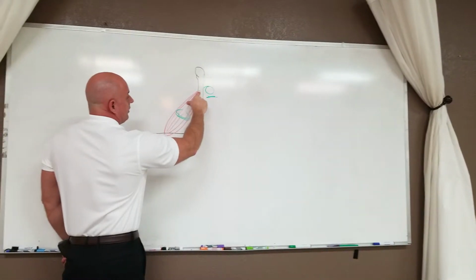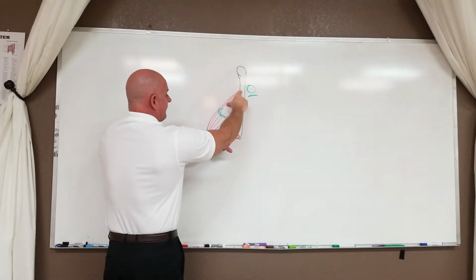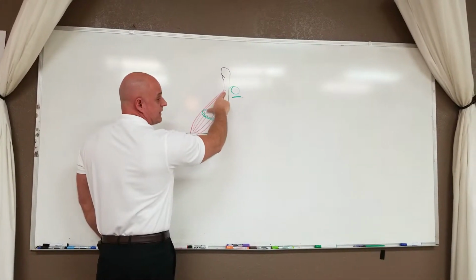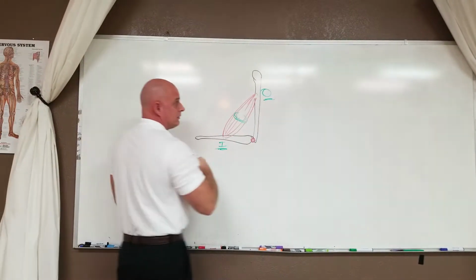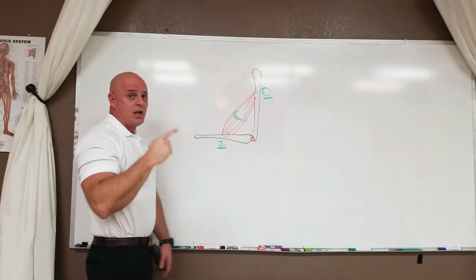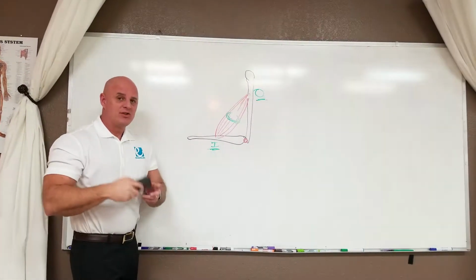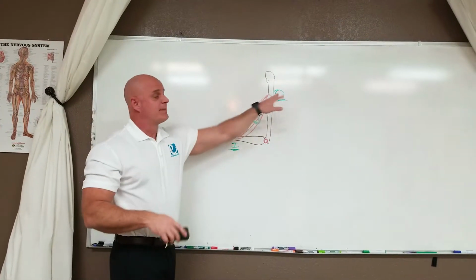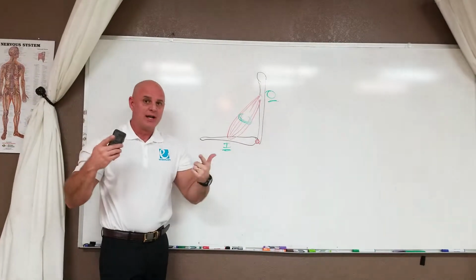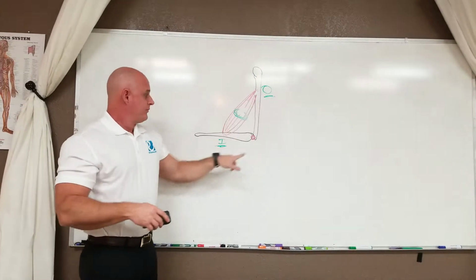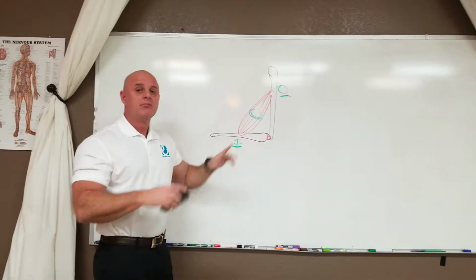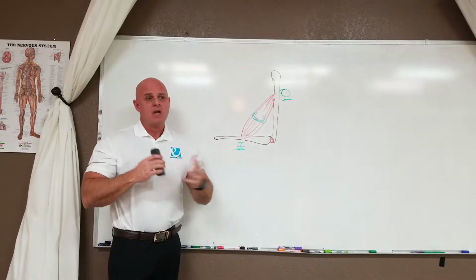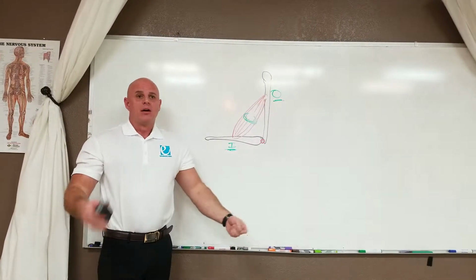If I were to pull this direction, it's going to perform flexion at the elbow joint of this muscle. However, if we looked more of a kinesiology aspect, those roles could be flipped to where this might be the origin, this might be the insertion, terminology-wise, to where this one's more mobile, this one's more stable. But for today, as this illustration, we're looking at it as how we were taught actions from our anatomy books.